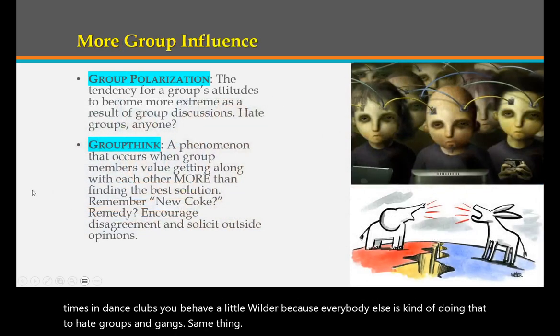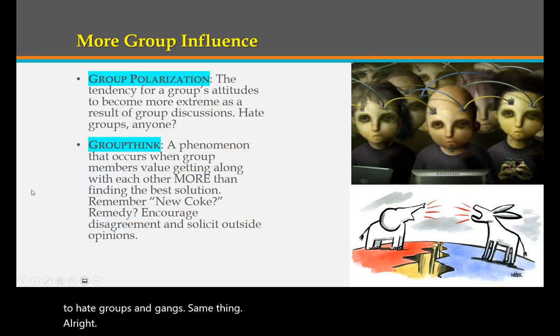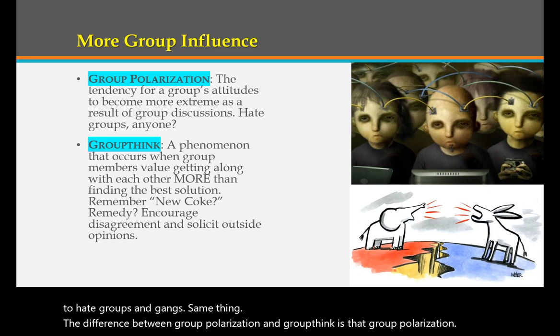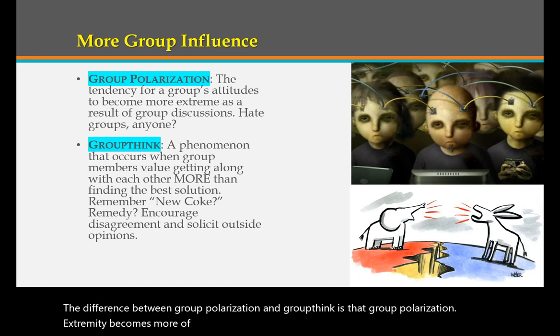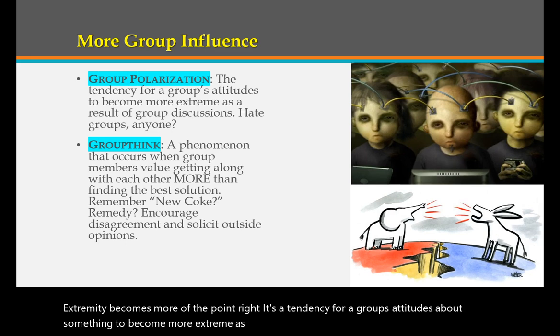All right. The difference between group polarization and groupthink is that with group polarization, extremity becomes more of the point, right? It's a tendency for a group's attitudes about something to become more extreme as a direct result of group discussions.